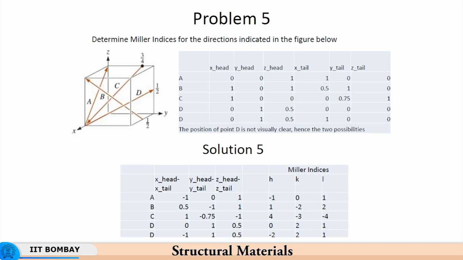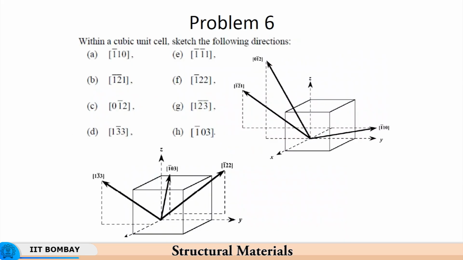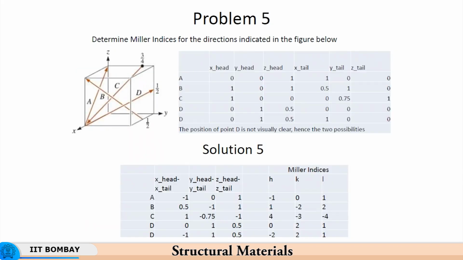But if I am asked to sketch this direction, then I will take the origin as 0 0 0, I will take bar 1 as x in the negative direction, y 0, and z as 1, and then I will construct the direction accordingly from the origin. What I have constructed, considering the starting point to be origin, will be parallel to this direction.